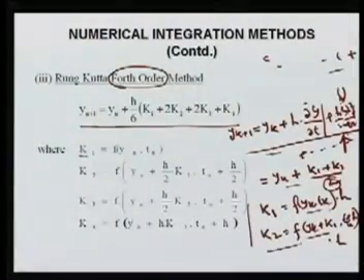So k1 is nothing but f of yn, tn. Because I have taken h common here, we have included h.